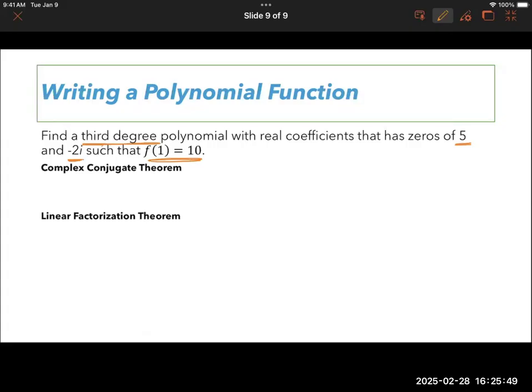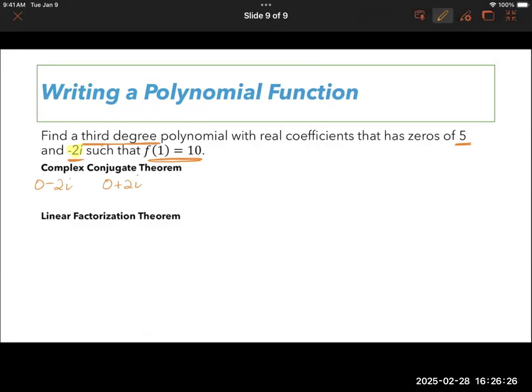So the first thing we want to do is actually use our complex conjugate theorem to notice that I have this complex imaginary root that's been given to me. And because of that, I automatically know that if -2i, which is technically 0 minus 2i, is one of my roots, then the complex conjugate also has to be one of my roots.